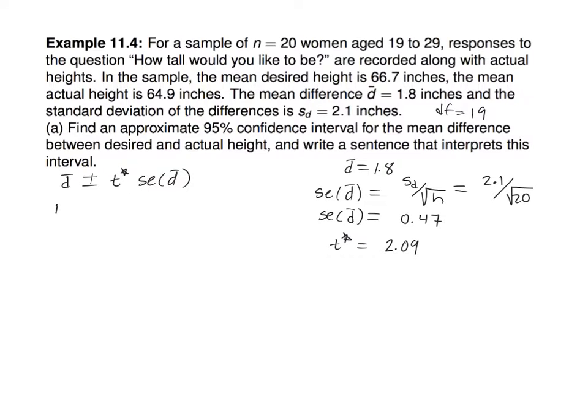Okay, so we have 1.8 plus or minus 2.09 times 0.47, which is 1.8 plus or minus 0.98. What's 1.8 minus 0.98? 0.82. And 1.8 plus 0.98 is 2.78.